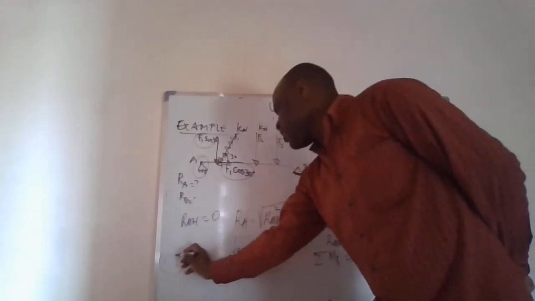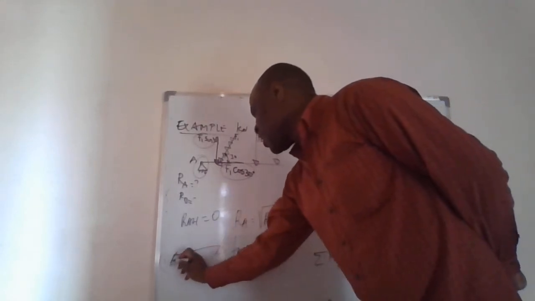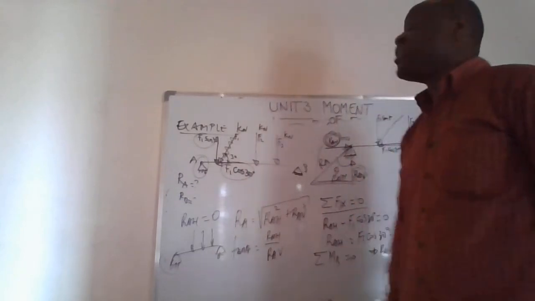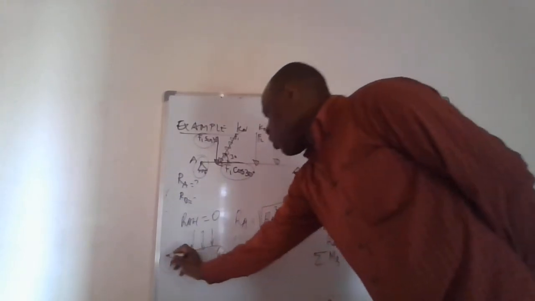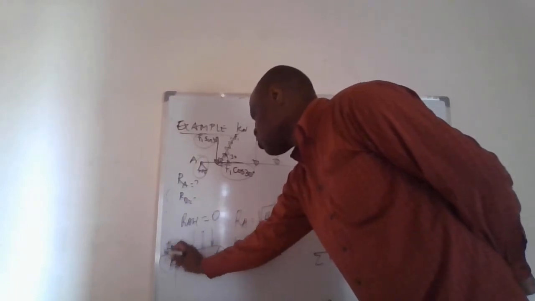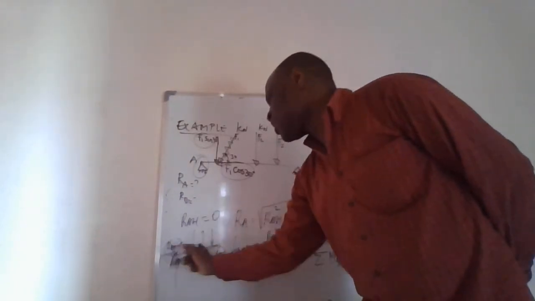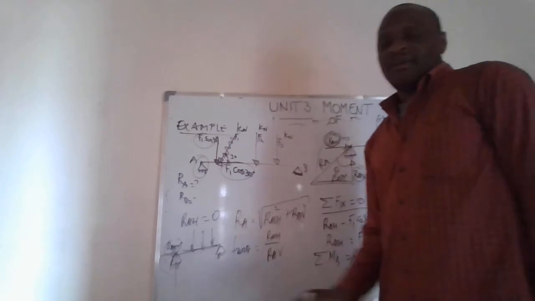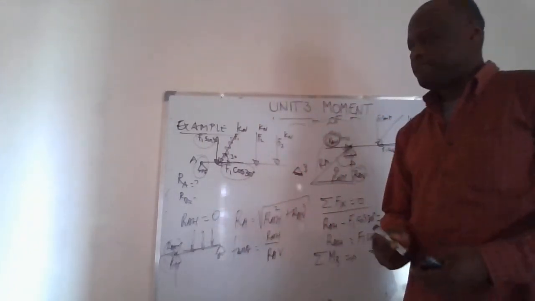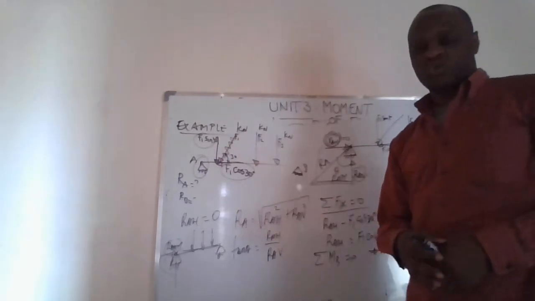But as we're repeating, if there is only horizontal or vertical load, the horizontal component on the pin support will always be equal to 0, because there's nothing on the horizontal that can trigger it. That's what we need to remember also in this case.